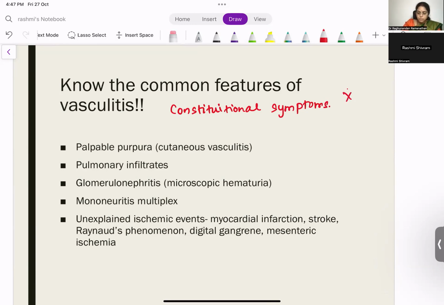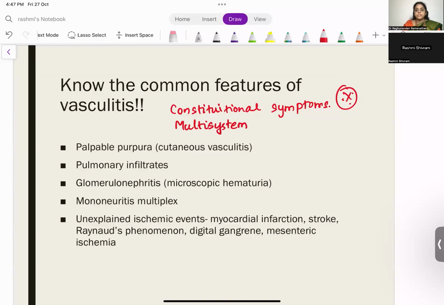In almost all the rheumatological conditions, take rheumatoid arthritis or SLE, or any of these, even vasculitis, you definitely have constitutional symptoms. Apart from that, it is also multisystemic. It is not just one system which is involved.